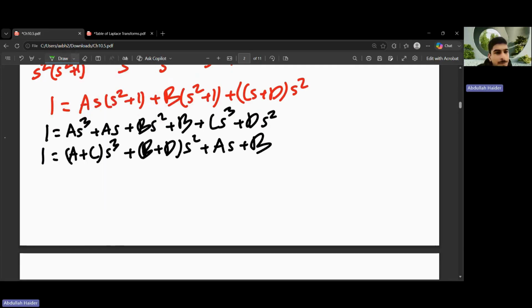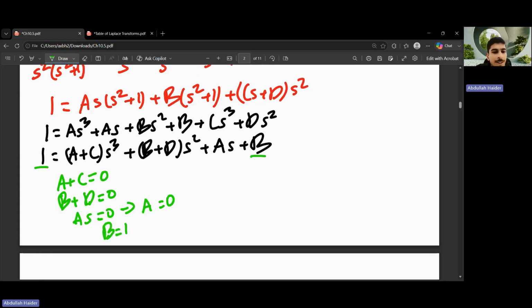Since we don't have s cubed on the left side, a plus c is equal to 0. There's no s squared on the left side, so b plus d is equal to 0. There is no s on the left side, so a is equal to 0. And so you also get that c is equal to 0. And 1 being the constants matching, b is equal to 1. So if a is 0, meaning c is also 0, b is 1, then d is negative 1.